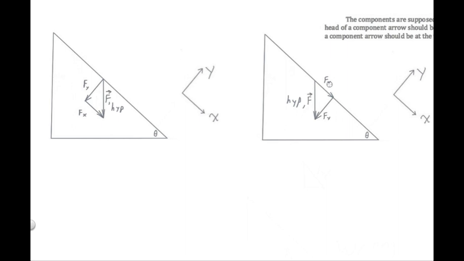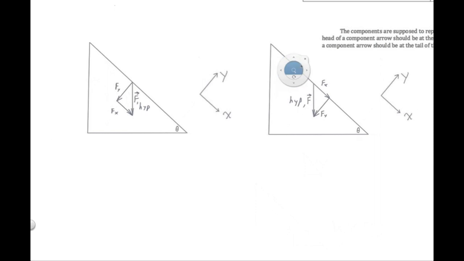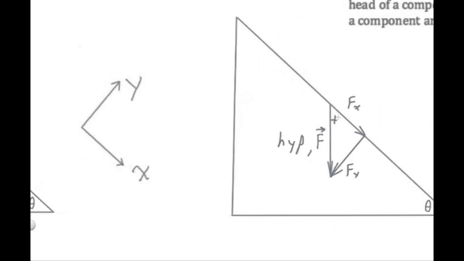Okay, but which of the legs should be labeled opposite and which should be labeled adjacent? Well, we're not ready to figure that out yet, because opposite and adjacent, as we've talked about, depends on which of the angles we're focusing on. Are we going to focus on this angle, or are we going to focus on this angle? Until we decide which angle we're focusing on, we don't know which leg to label as opposite or adjacent.